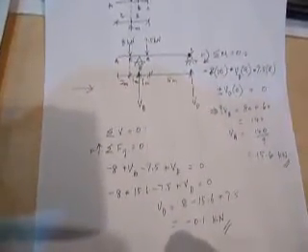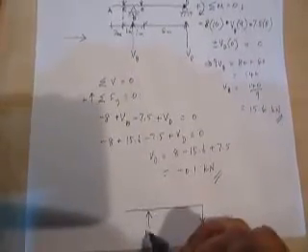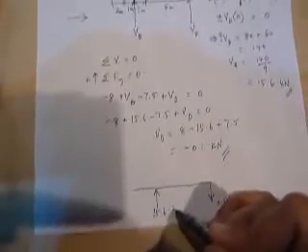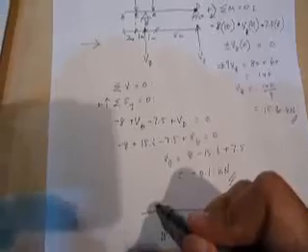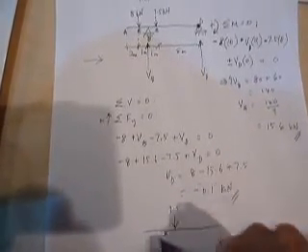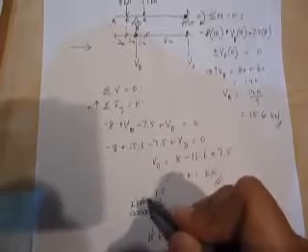Okay, we have this force here, and this force is actually 0.1 going down, and this force is 15.6 going up, and then we have this force 7.5 going down. And remember that this is a UDL force, which is 2 kilonewton per meter.